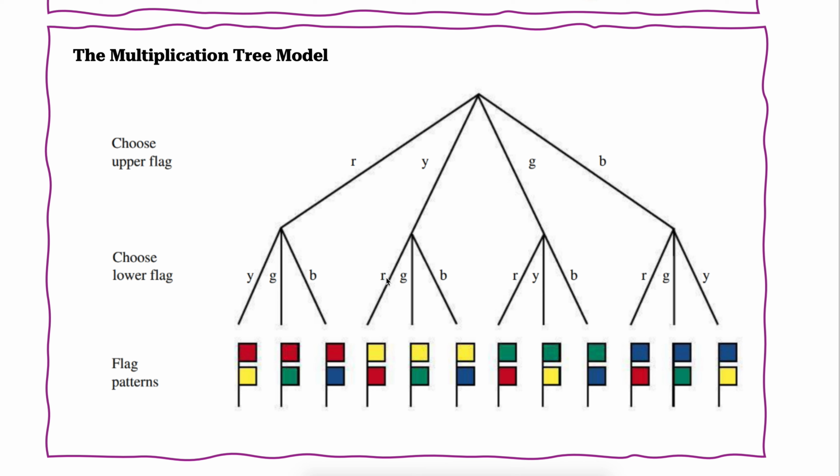If yellow is the top, you have red, green, or blue for the bottom. If the top is green, red, yellow, blue for the bottom. And if blue is the top, you have red, green, yellow for the bottom. So how many different flag patterns are possible here? 4 times 3, 12. And again, this can lend itself into the idea of permutations when we get into probability. So if you're going to introduce some sort of probability alongside multiplication, that is really handy to have.